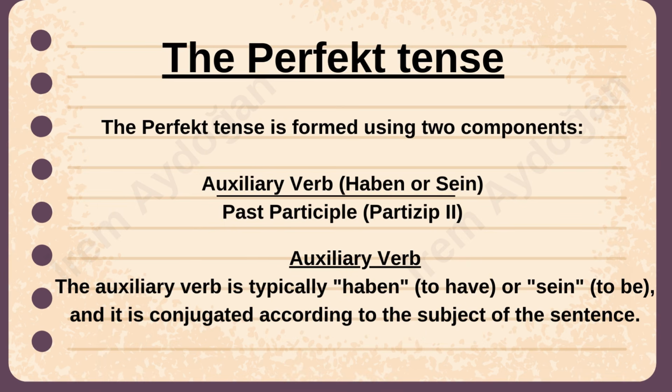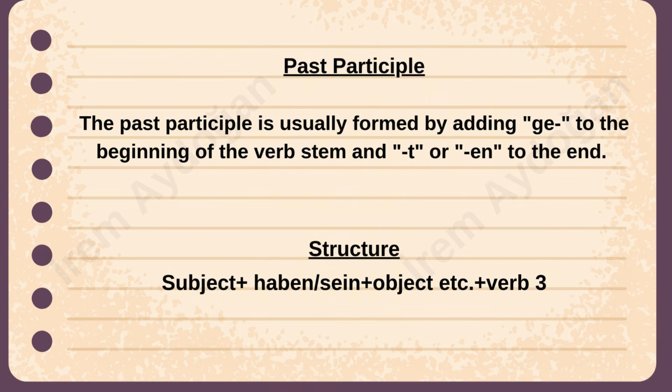The auxiliary verb is typically haben or sein, and we need to know which verb takes haben and which verb takes sein. So the structure is subject, haben or sein, object or etc.